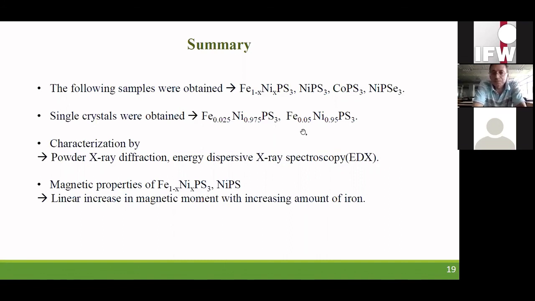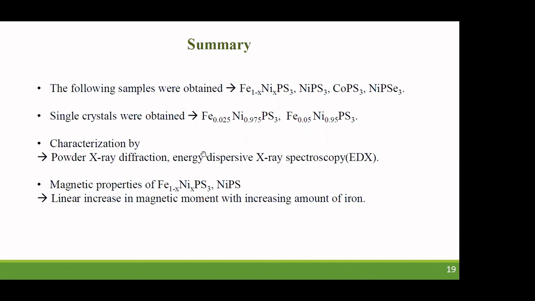For characterization, powder X-ray diffraction and energy-dispersive X-ray spectroscopy were used. And to characterize the magnetic properties, SQUID magnetometry was used for samples with different amounts of iron and for pure nickel. From these results, we understood that our magnetic moment increases with increasing amount of added iron.